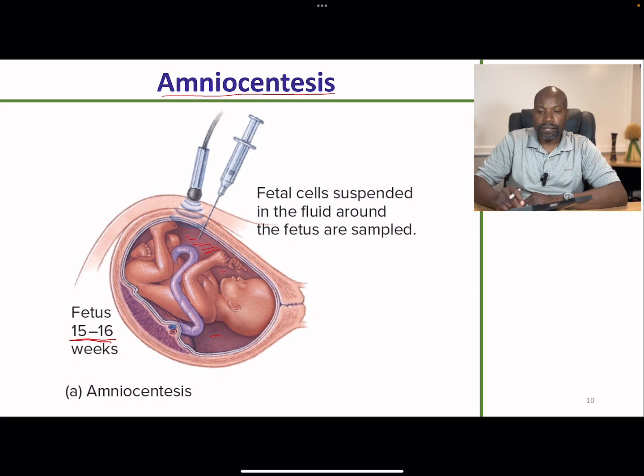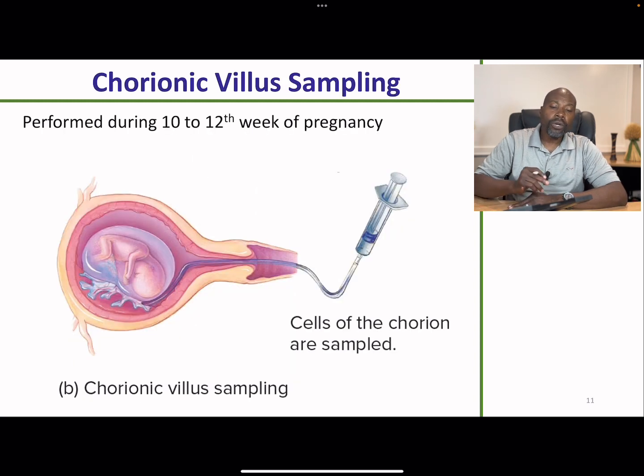That's for amniocentesis. For chorionic villus sampling, this is going to happen much earlier, at 10 to 12 weeks of pregnancy. This requires not using a needle through the belly, but going through the vagina, where some kind of catheter comes in.